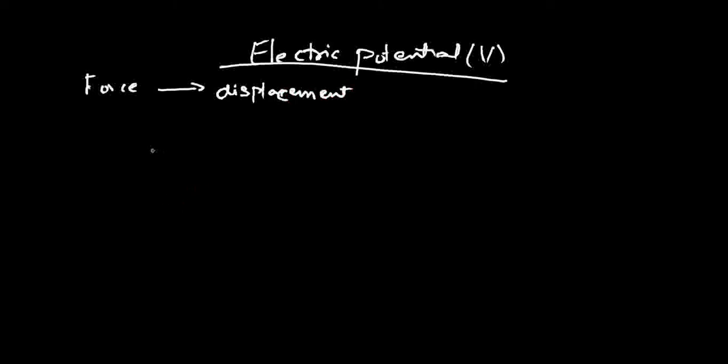If you consider the case of fields, there is a positive charge, say a charge Q, and in the vicinity of this charge there is some field present. Now there is one more charge, say Q1. If there is a positive charge in the vicinity of this charge Q, there would be a repulsive force between these two charges.